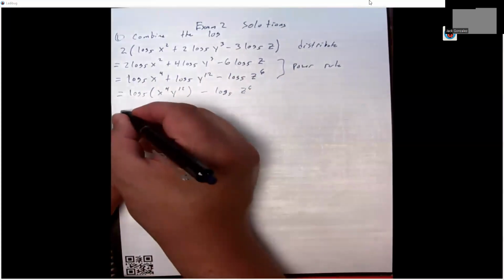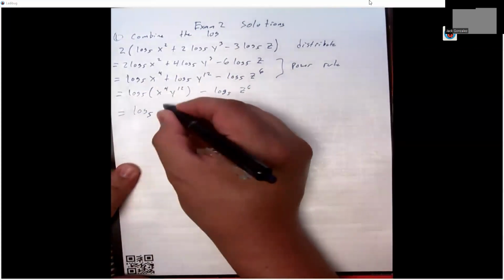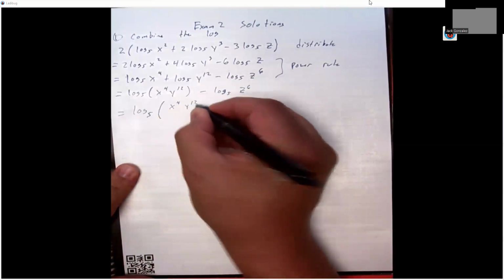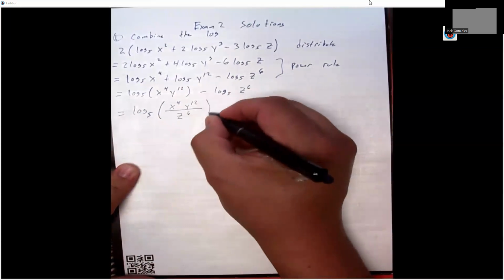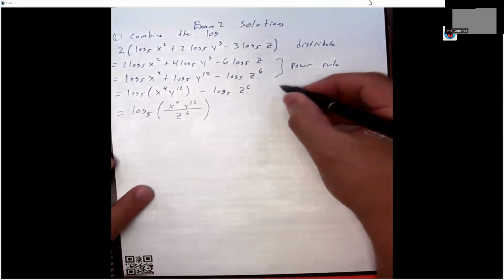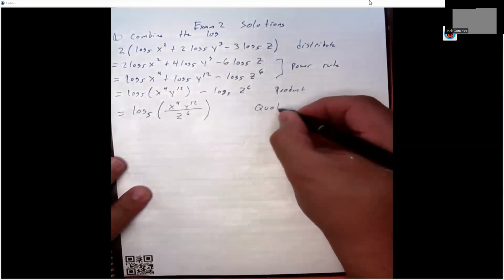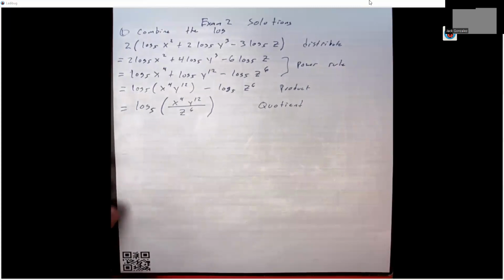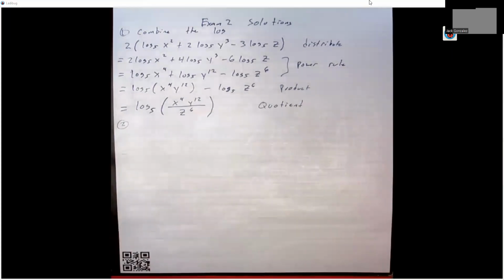Minus means divide, so our final answer will be x^4 y^12 over z^6. We did product and then quotient. That was number 1. Any questions on the steps?